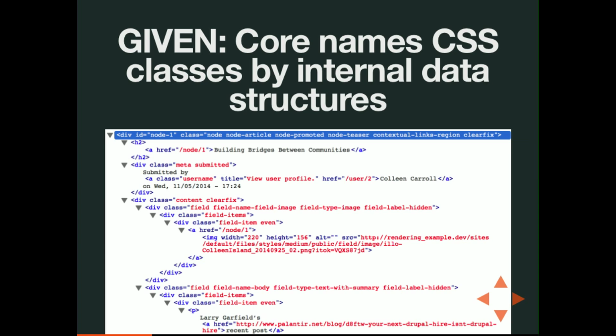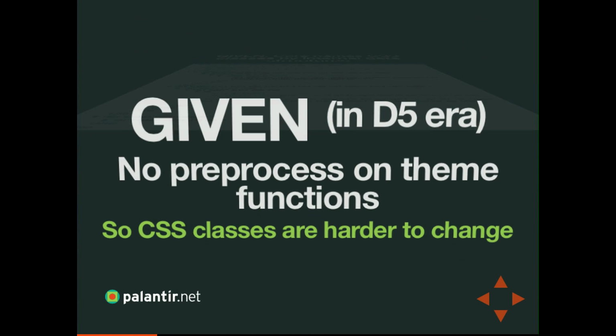A lot of people look down on these classes now. They say this is not how we want to style things. But in 2008, 2009, a lot of us were really excited to get these extremely descriptive class names that told us exactly where this was coming from. And if we want to do something, we know, well, we can do something for all images of type field or all images named field image because our CSS tells us exactly where this is coming from.